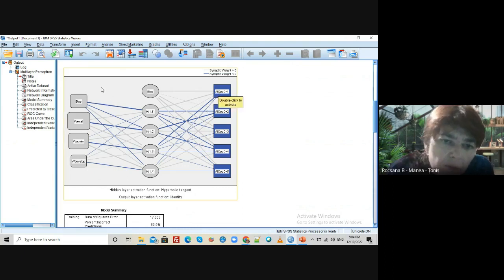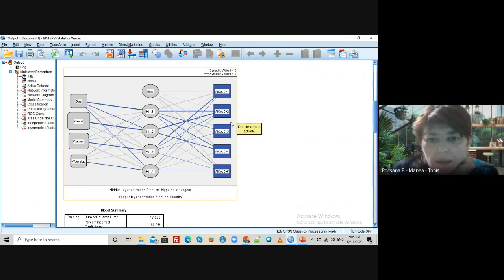We have a lot of biases, meaning that our model is not perfect. We can interpret this that the teachers consider that artificial intelligence is an opportunity in evaluation, in administration, but not very important.